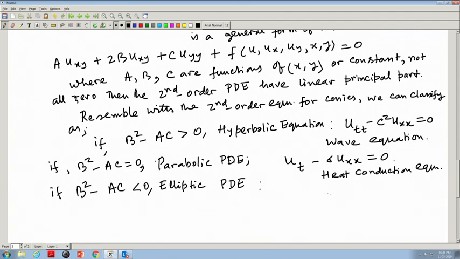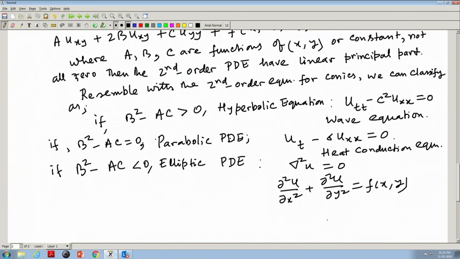One of the examples of elliptic PDE is the Laplace equation or Poisson equation, that is del 2u del x2 plus del 2u del y2 equal to f(x,y). Any kind of diffusion process is governed this way. This is a pure boundary value problem because x, y are the space coordinates, so it has a definite boundary.